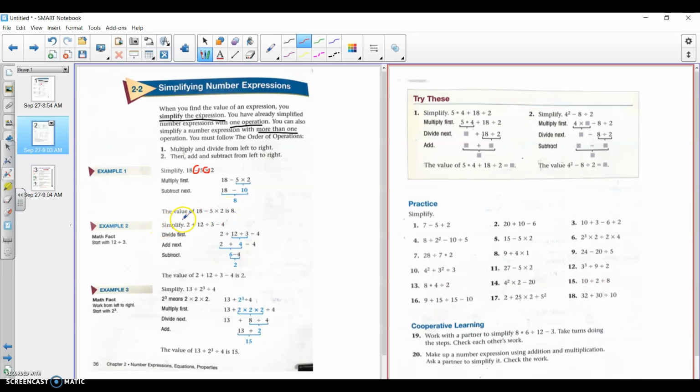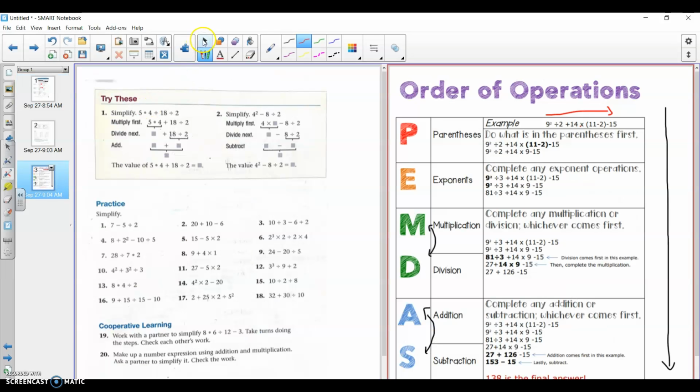In example number 2, 2 plus 12 divided by 3 minus 4. Again, just look at the operation. I have a plus. That wasn't a very good circle. I apologize. I have a division sign, and I have a subtraction. So again, back to my list over here.